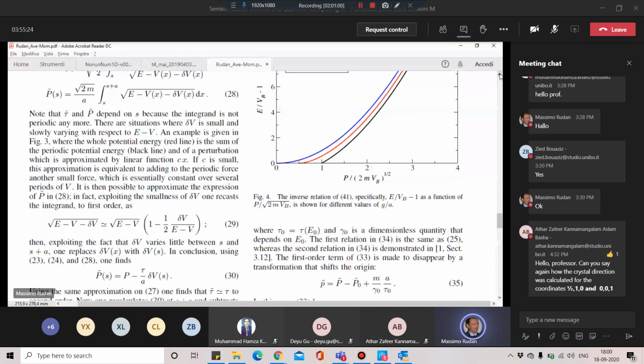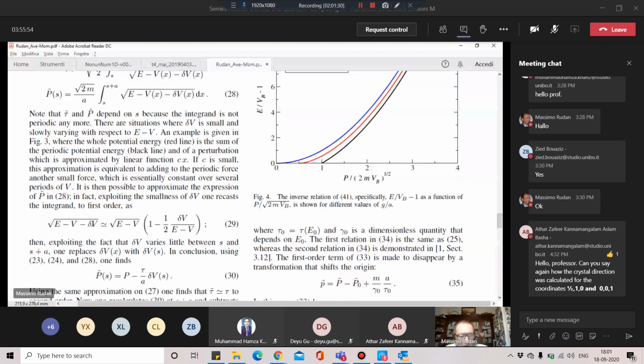So the right-hand side of equation 29 is the Taylor expansion to first order of this square root when delta V is much smaller in modulus than E minus V, okay, which we can always assume, okay?